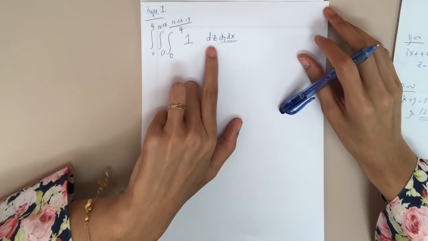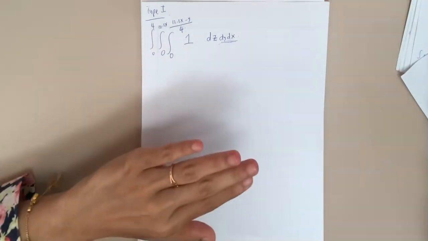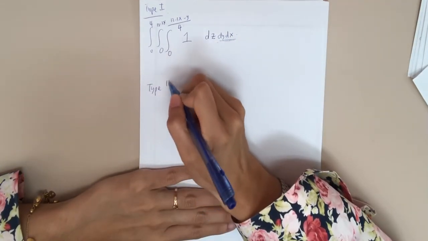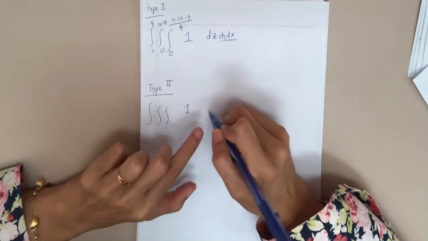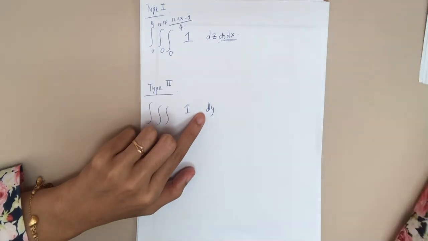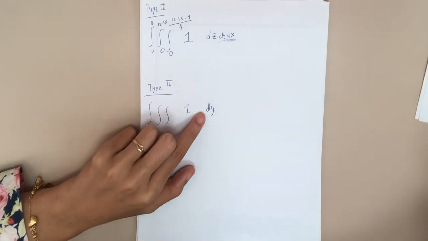So this is the limit that you're supposed to get if you do it for dz, dy, dx. Before I solve this one, let me figure out the limit for type 2. For type 2, what do we start with first? We start with dy, and then you follow with dx, dz or dx, it doesn't matter.